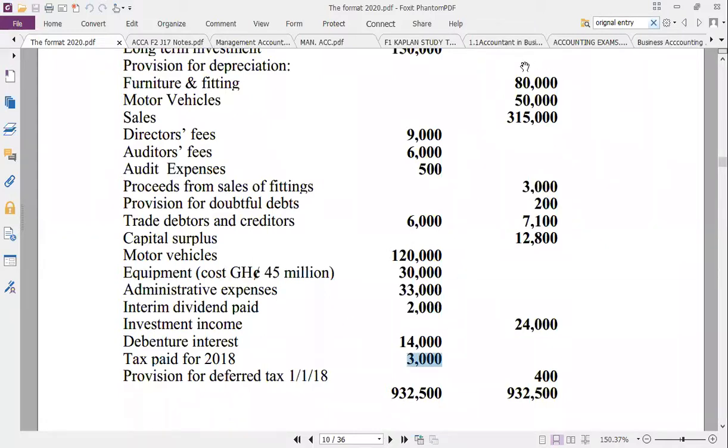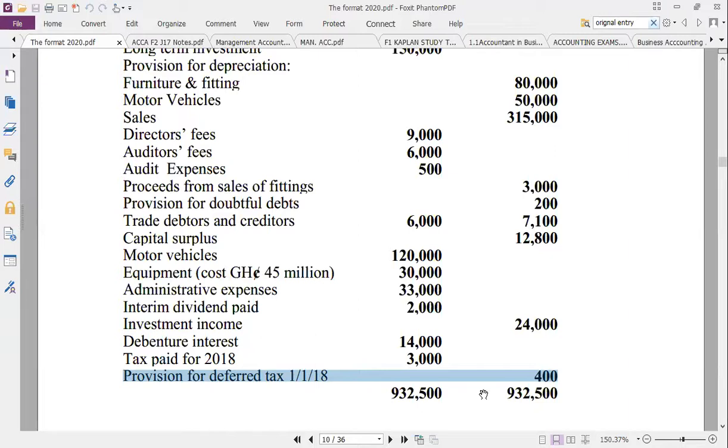Good. When we start the footnotes, we find there was a provision for deferred tax. For that one, it's a non-current liability. Go to the conceptual framework. When we were dealing with the elements of the financial statement, one of them is liabilities.